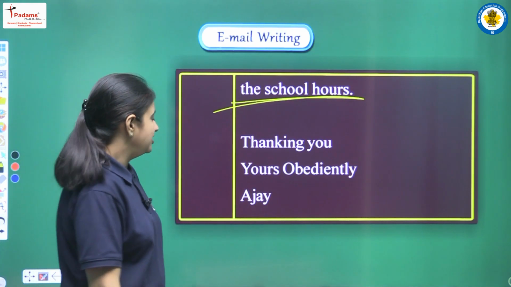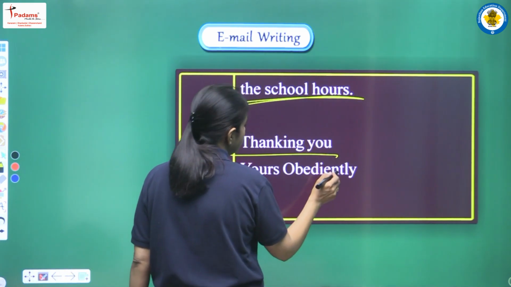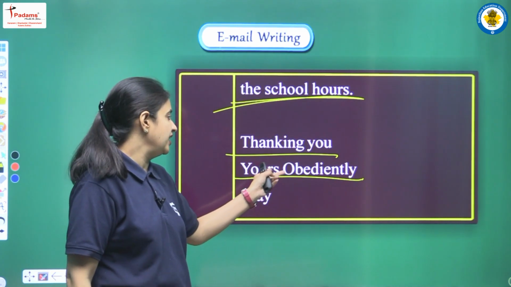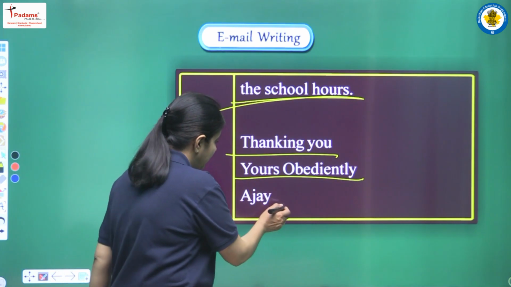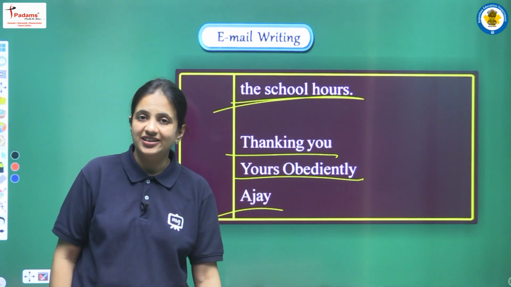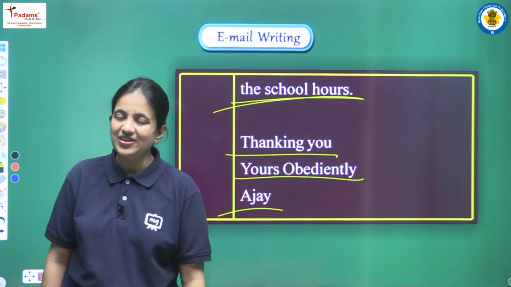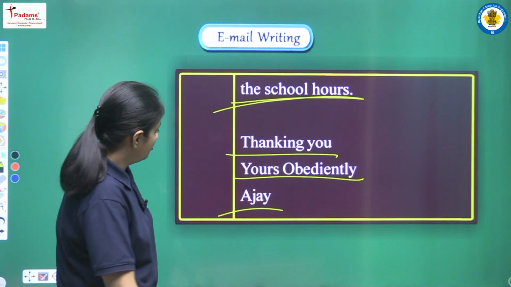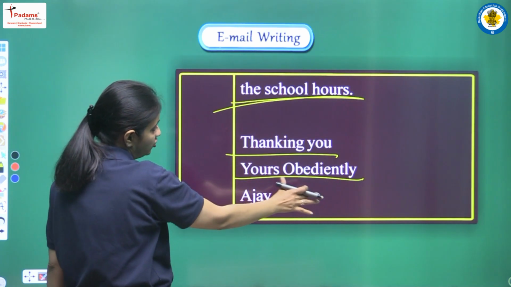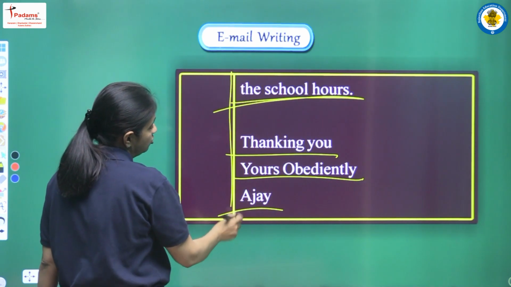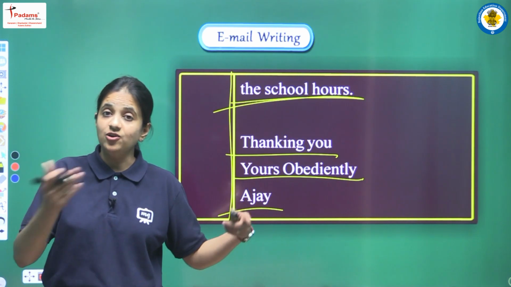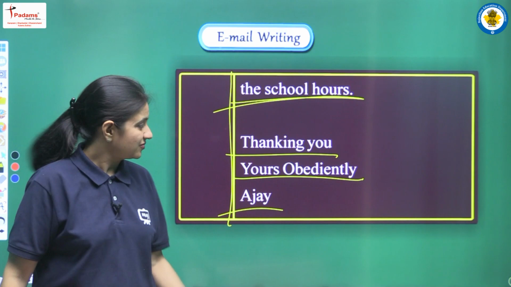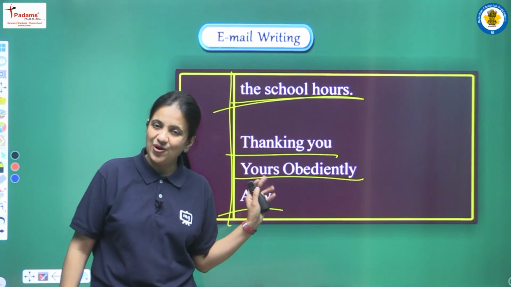Okay, and after that we can write thanking you, yours obediently, because we are addressing our principal. So we have to write yours obediently, and then our name, that is Ajay. Okay, so in this manner we can write one perfect email, and just be very careful that you have to draw such boxes. You have to make 2 columns in this manner, and then only you can write the email. Okay, I hope this example is clear to you all.